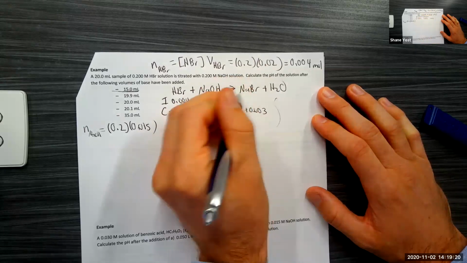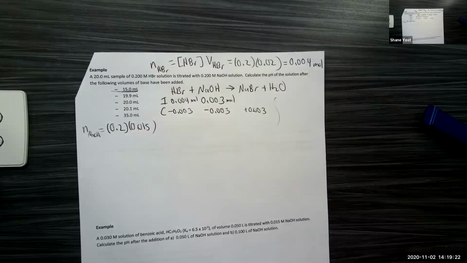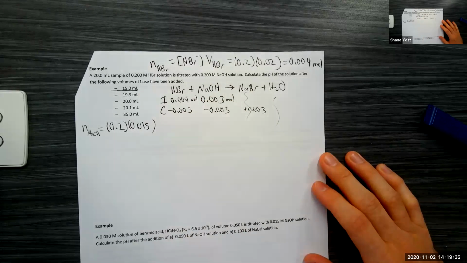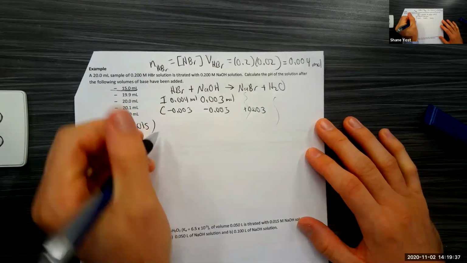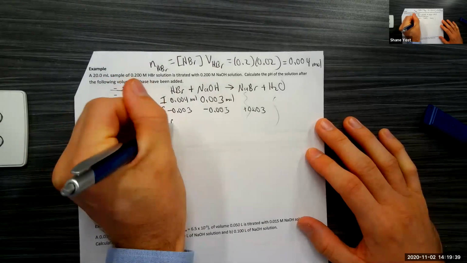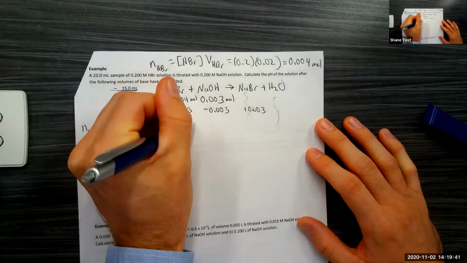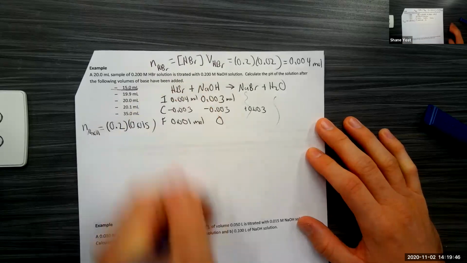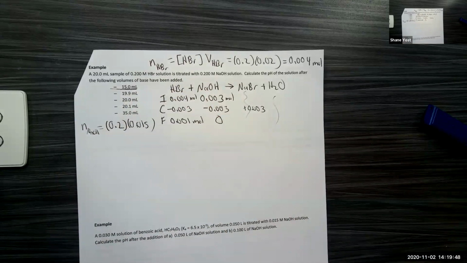We really don't even care about the salt. NaBr is just a salt with spectator ions, sodium and bromide, that just float around in solution and don't affect the pH. So what's left is 0.001 moles of my strong acid, HBr, and 0 moles of my strong base, NaOH.